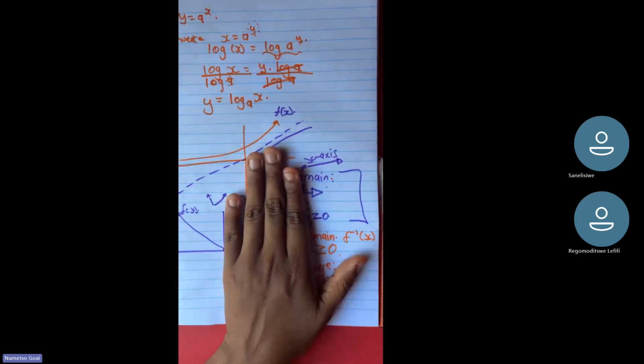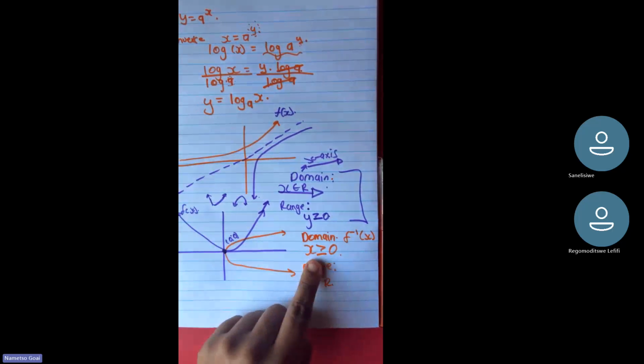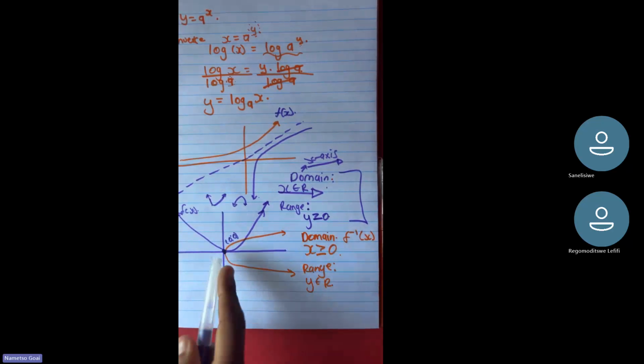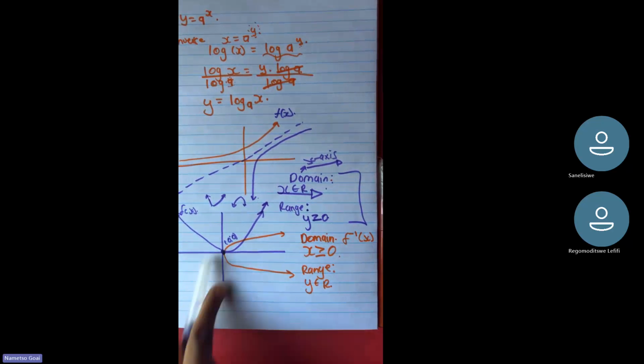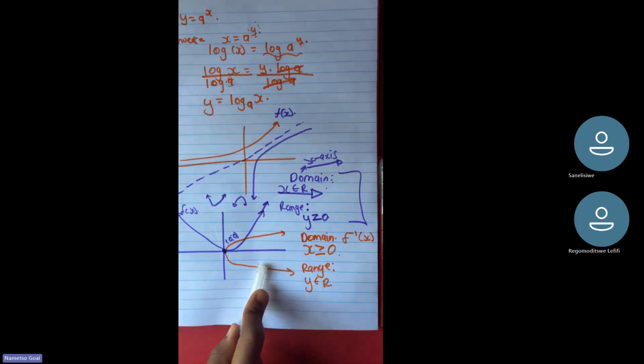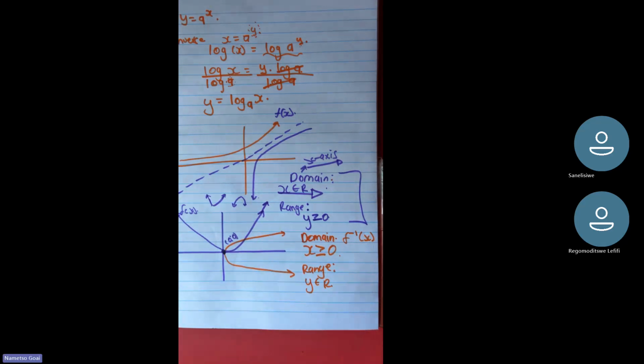This side is the negative x values. So it could either be here or anywhere this side, but it cannot be less than 0 because it does not exist anywhere over here, only over here. Do you guys get that?